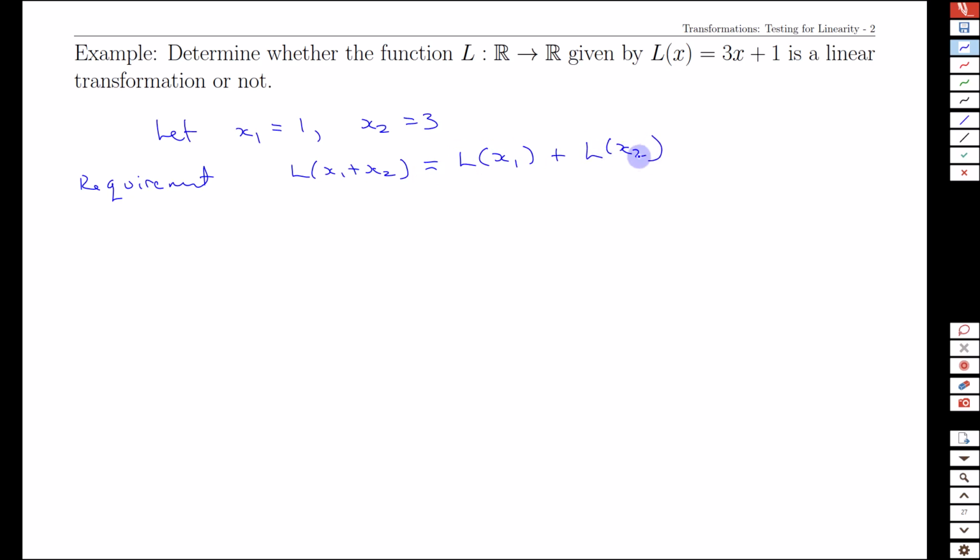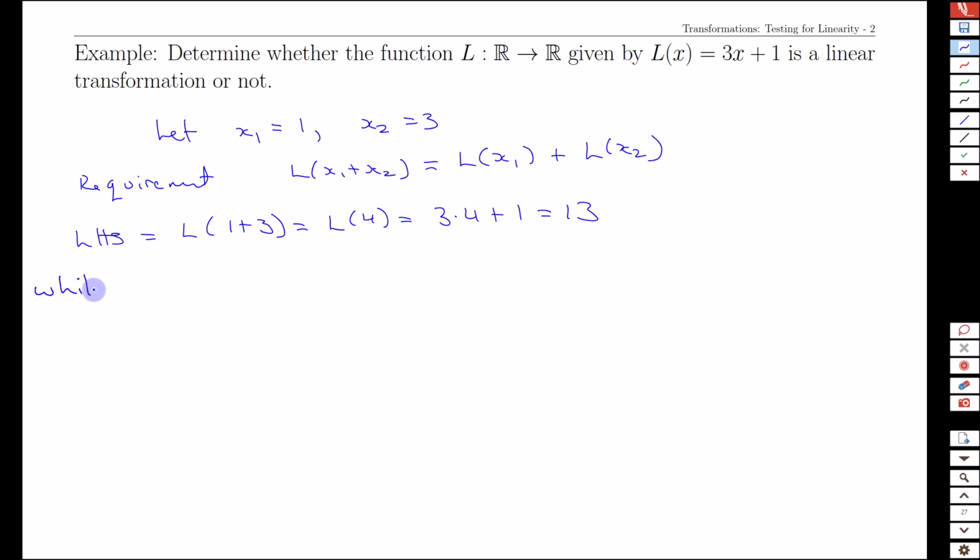That's a requirement. The left-hand side here for our particular values is the transform of 1 plus 3, which is the transform of 4, which is 3 times 4 plus 1, which is 12 plus 1 is 13.